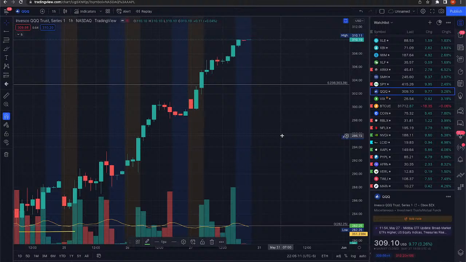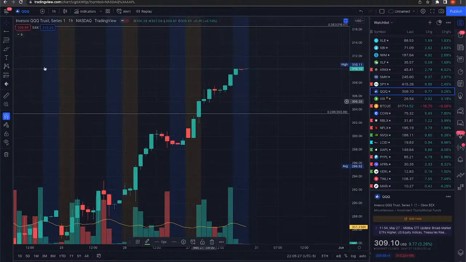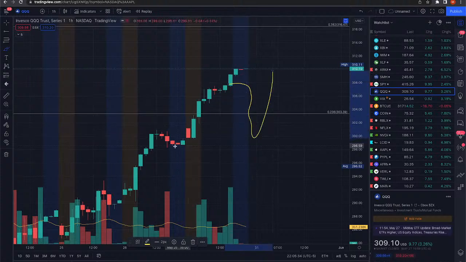Now that you guys know what I look for, hopefully even you could give out plays. I don't care, as long as you have a clear stop level. For example, if QQQ pulls back here, I always like to get in where there's a clear stop, right?